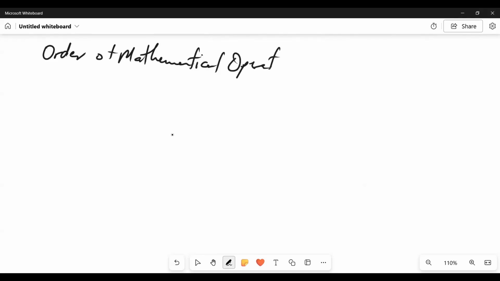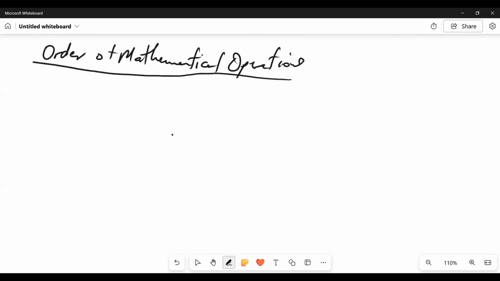They refer to it as mathematical operations. Now what we're talking about is the order of mathematical operations. I know my writing isn't of the best. You have a set of operations to perform on some real numbers. Let's just throw one up.